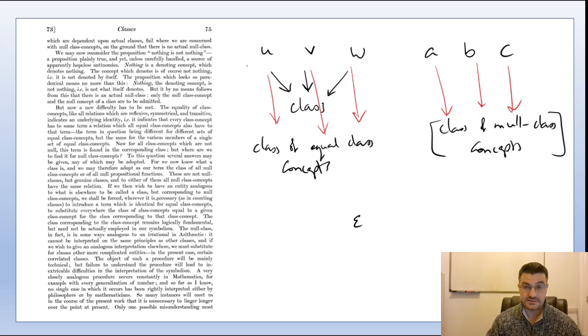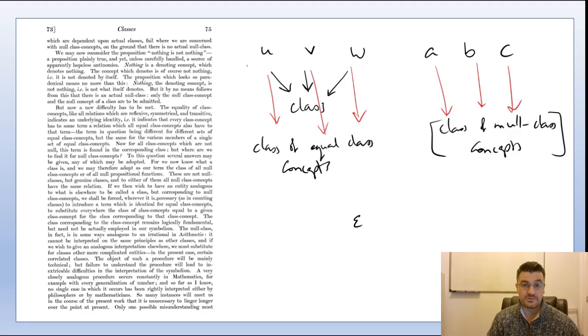all cases on a symbolic level. Even when we've got null class concepts involved, so that everything's uniform across the board, we can replace the class, even when it's there, with the class of equal class concepts which correspond to that class, if we want to.